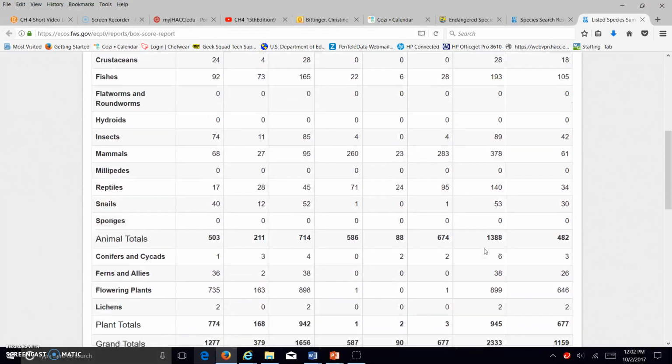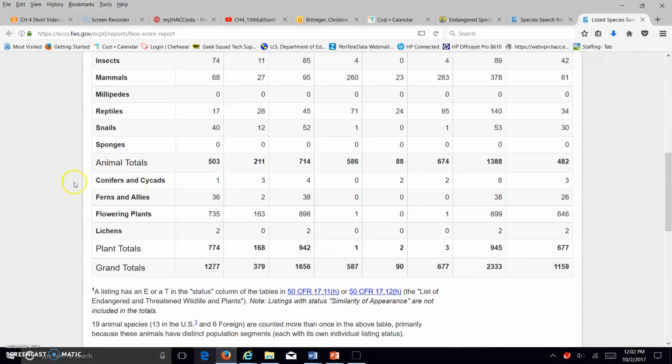Now, for the most part, I've focused on animals, but there's another category here for plants, including conifers, ferns, flowering plants, and lichen. Notice that there's a distinct difference in the numbers listed for the United States and internationally. It appears that the U.S. has done more work with tracking population numbers of specific plants and listing them as threatened or endangered as compared to globally.